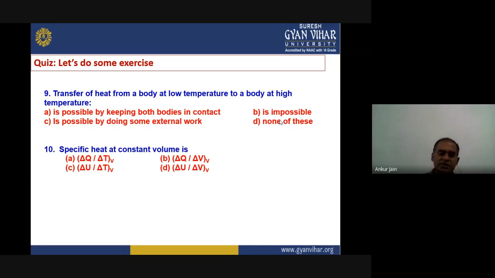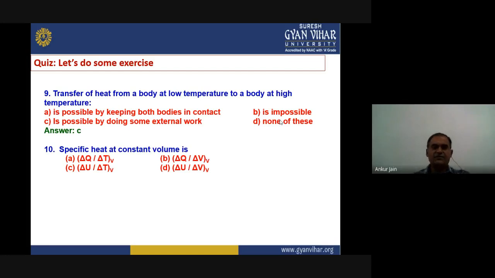Can heat be transferred from low temperature to high temperature? No, it does not happen spontaneously. That means if we do not supply any external work, it will never be possible. But we can transfer the heat if we do some external work on the system. So the right answer for this question is option C. It is possible by doing some external work.